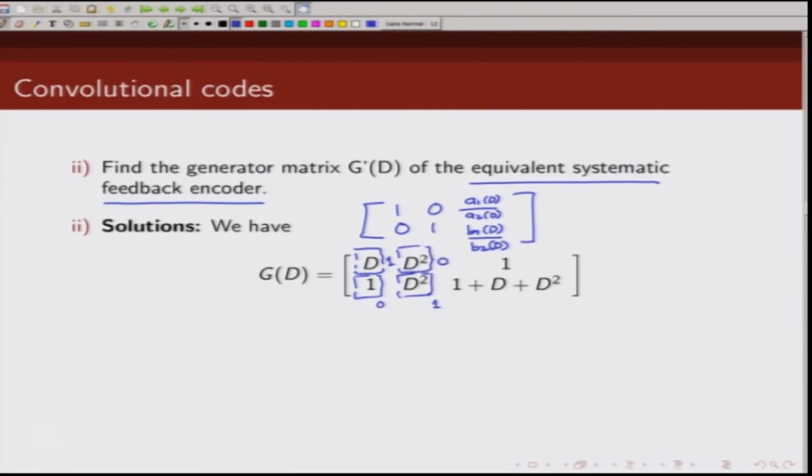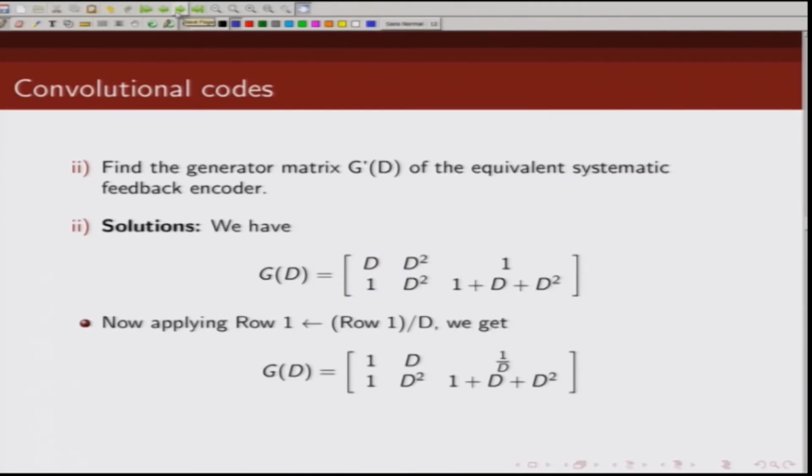Now, we will do elementary row operations to get an identity matrix here. So, let us do that. First thing that we do is we make this a 1. How do we make this a 1? We do this transformation: row 1 is row 1 divided by D. So, we divide this whole thing by D, and what we get is 1, D, 1/D.